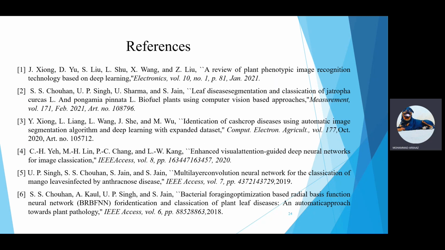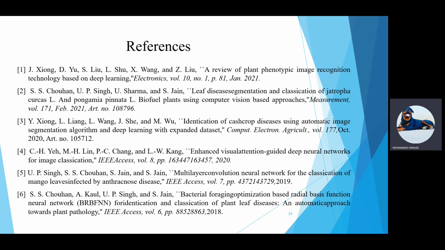And this is the reference I have referred to. Image recognition technology based on deep learning, which was published by X. Wang and Z. Liu. Leaf disease segmentation and classification of Jatropha curcas and Pongamia pinnata biofuel plants using computer vision based approaches, which was published by Chauhan and U.P. Singh and U. Sharma and S. Jain.